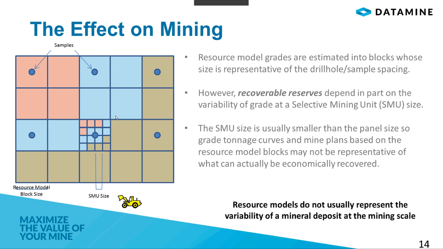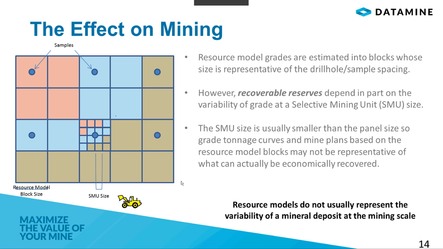So in terms of the drill hole spacing, the large panel chosen is certainly the correct thing to do, but what it ignores is the SMU size. And in that central panel, you can see that there's variability that naturally will exist within the panel, but it's been completely masked or smoothed through the linear estimation.